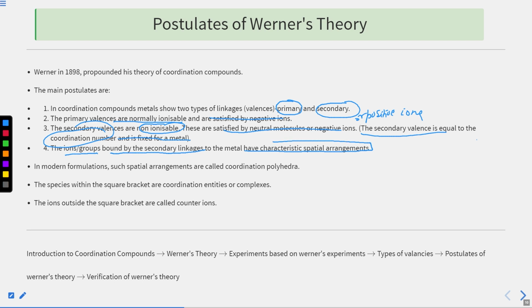This is very important. If you have studied ionic compounds, you must have seen that ionic bonds are non-directional in nature. What is the meaning of this? That they are not oriented in a proper manner. They will just be close to your positive ion and that's all. They will not be organized in a given specific manner.